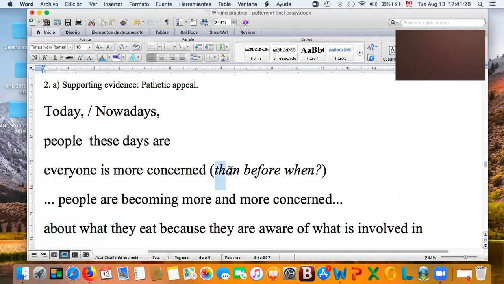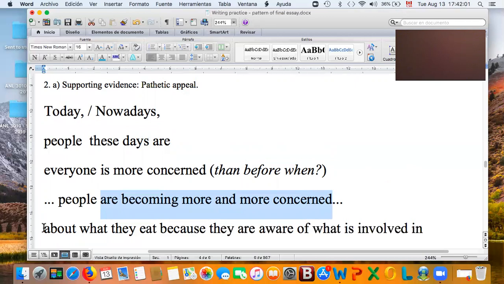My criticism of that is that when you say everyone is more concerned about XYZ, I'm waiting for the other term of the comparison. Everyone is more concerned than before, and before when, or before what? I suggest this. Nowadays, people are becoming more and more concerned.